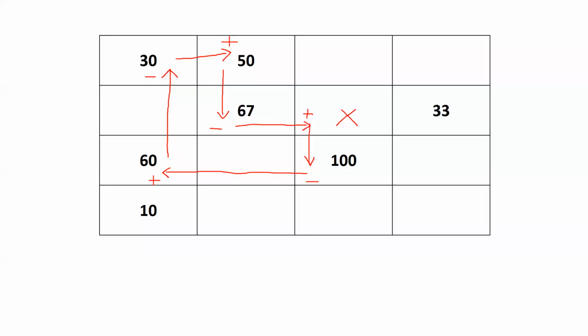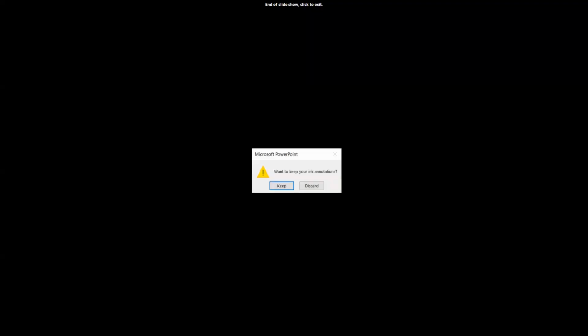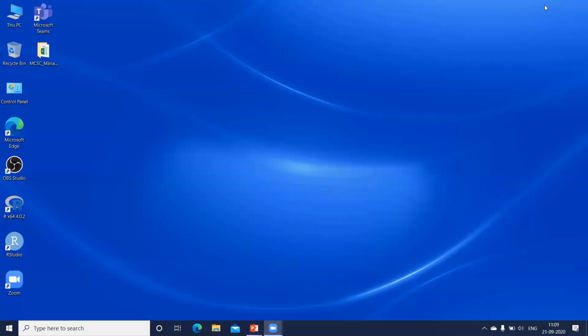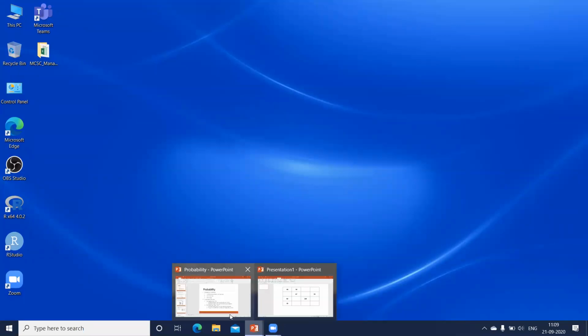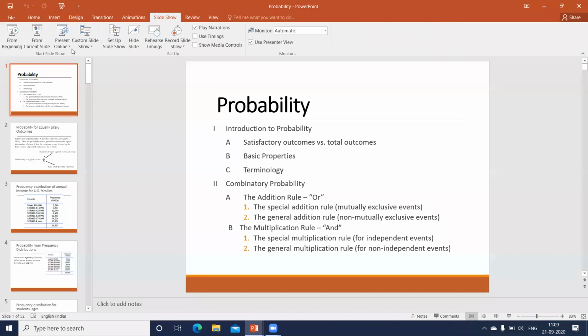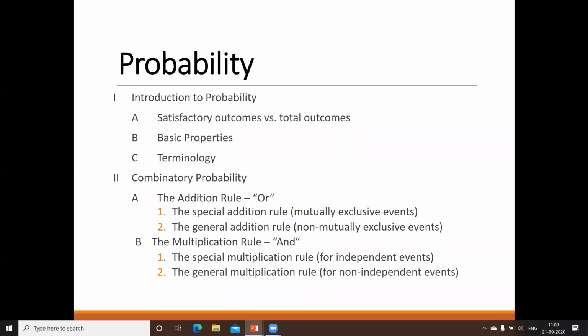So I think this part is clear. Let us move to the next topic for today. Okay, the next topic which I'll be taking for the next unit is on probability. What are things that I plan to cover today? Okay, some introduction to probability.